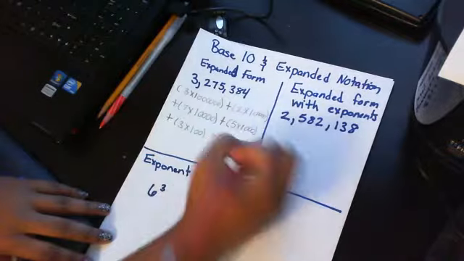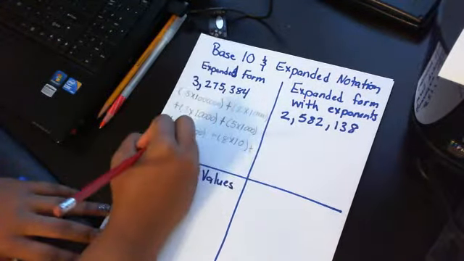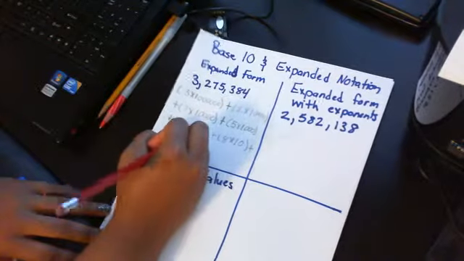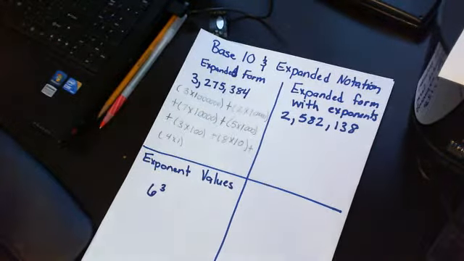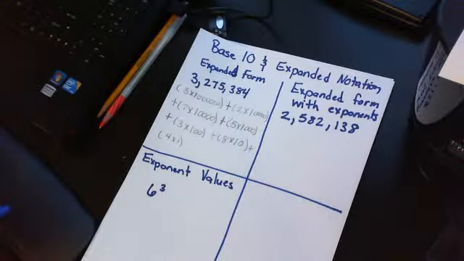Plus, parentheses 4 times 1. And remember, I told you in class that you don't have to put 4 times 1, you can just put 4. So that's basically how we do expanded form. We write the place value number we're at, we multiply it by 1, and add that many zeros to it.